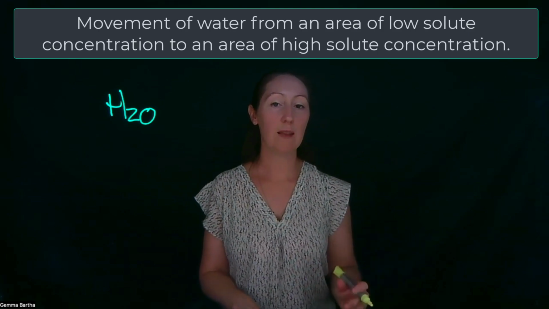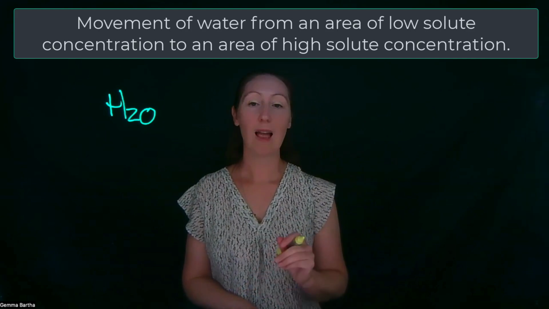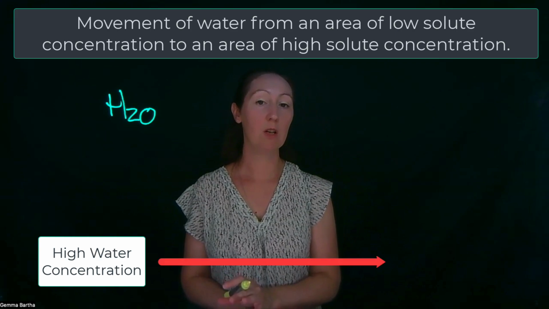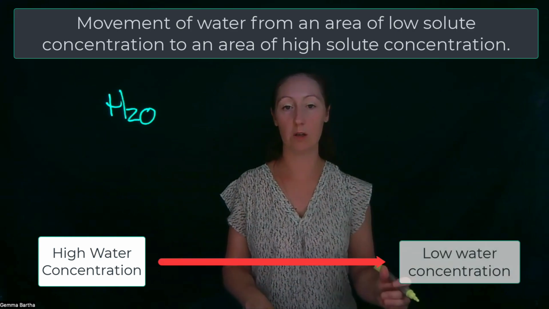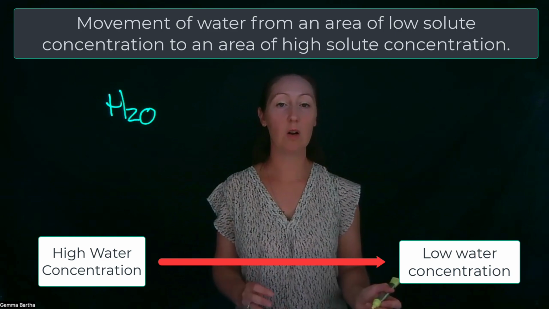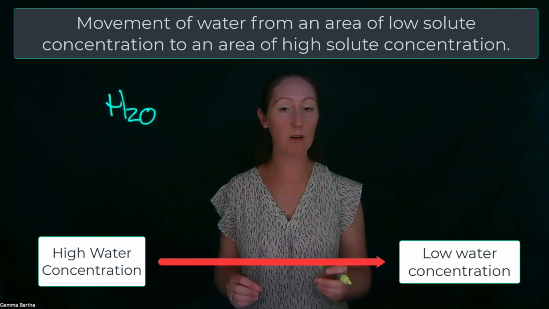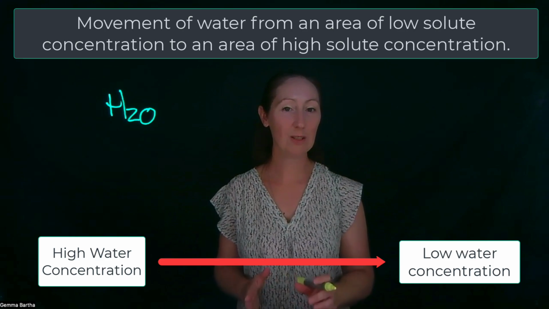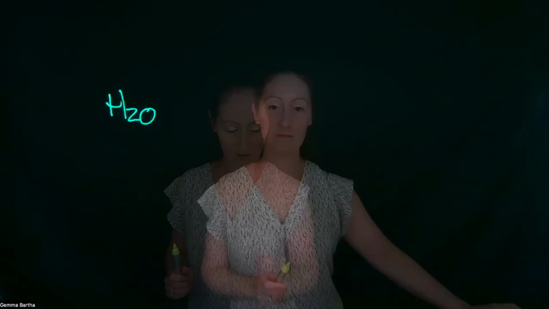You can also say that this is the same thing as an area of high water concentration to an area of low water concentration until that net movement evens out. This is also always going to happen in water through a semi-permeable membrane. Let's go through some examples.